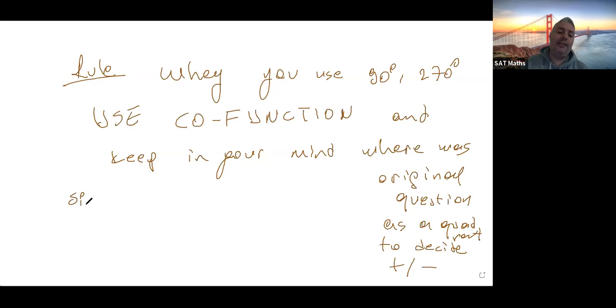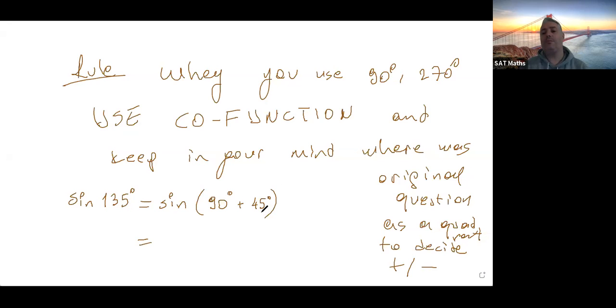If I ask sine of 135 degrees, my dear students, this is equal to sine of, be careful now, tell me, if I say 90, I can use even 180. If I say this is 90 plus 45. Now, 90 plus 45, is it 135? Yes.